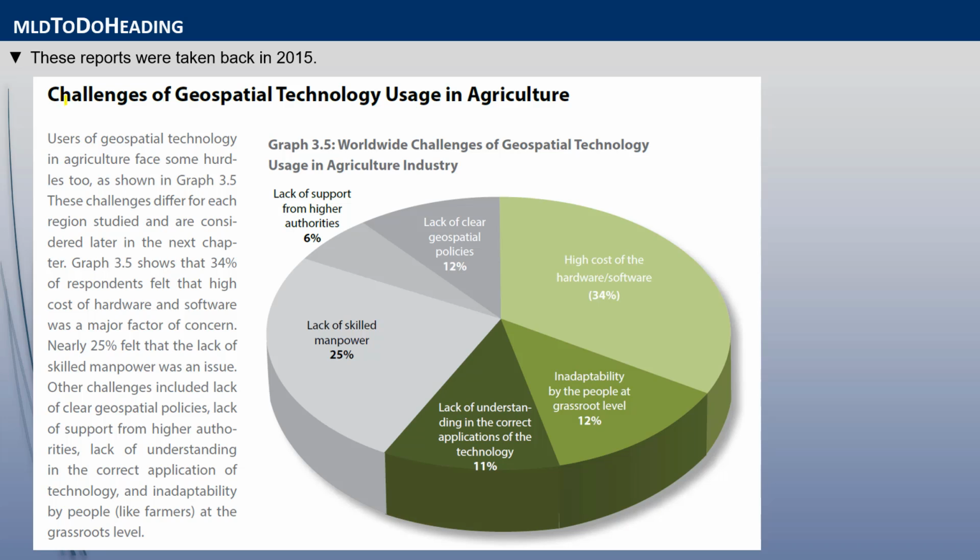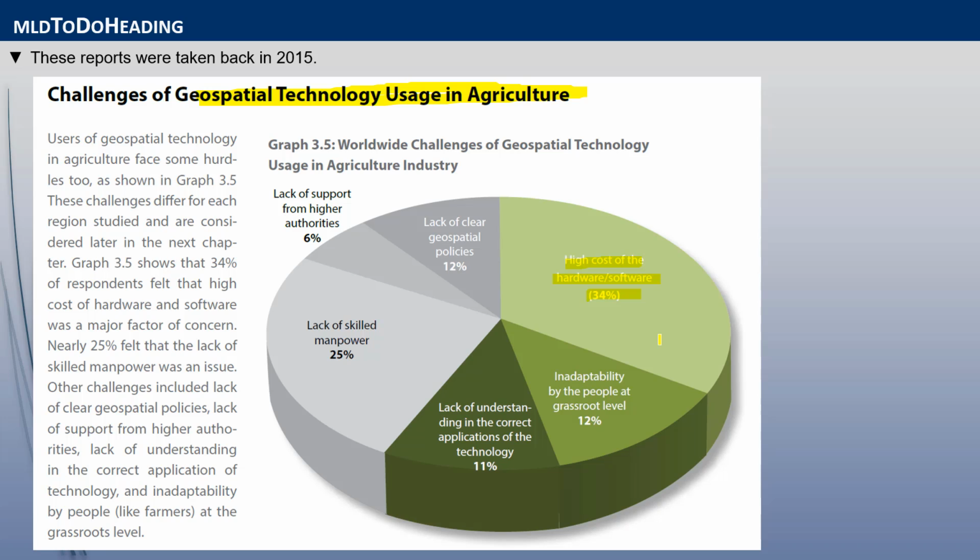This slide represents the challenges of geospatial technologies and their usage in the agriculture sector. What are the challenges to implement these technologies in the agriculture sector? First, the major challenge here is the high cost of hardware and software.